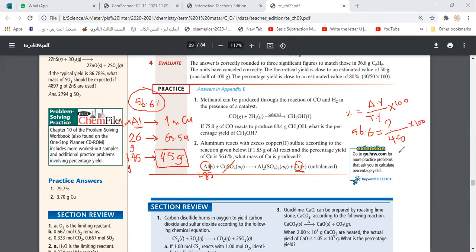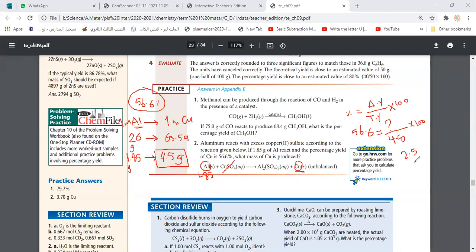Okay. So we multiply 56.6 times 4.5, then divide by 100. That is 2.547, so 2.5.